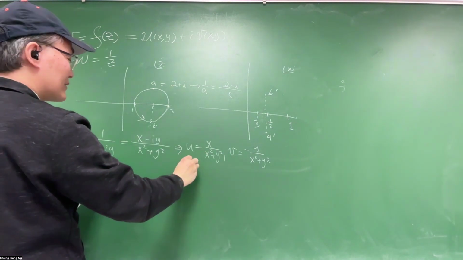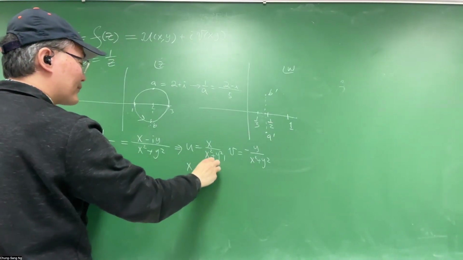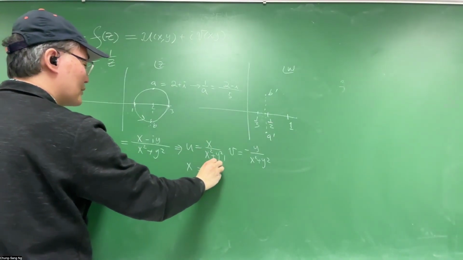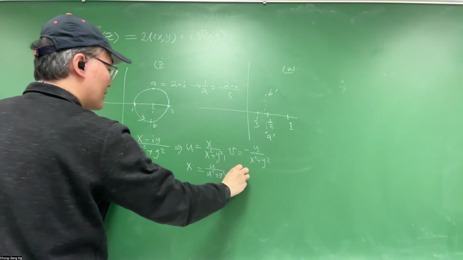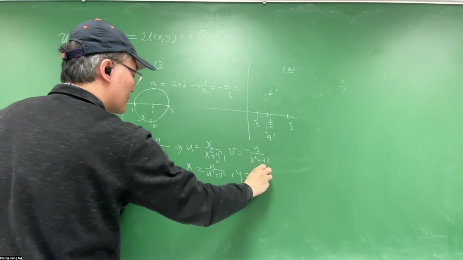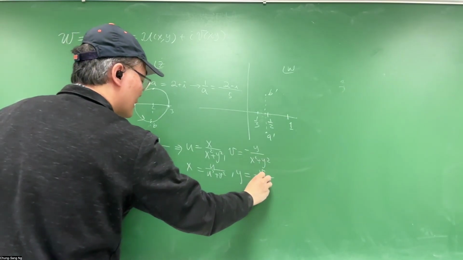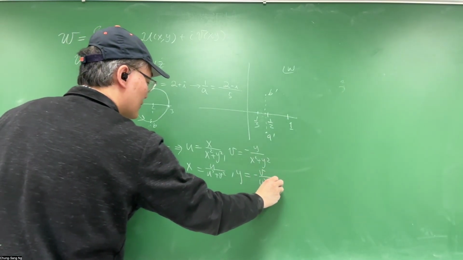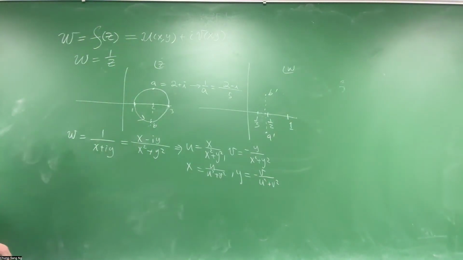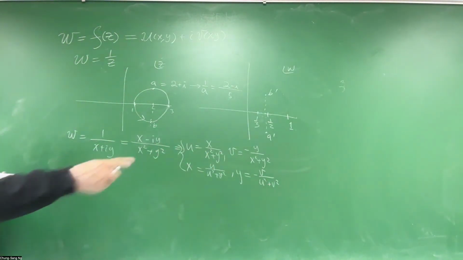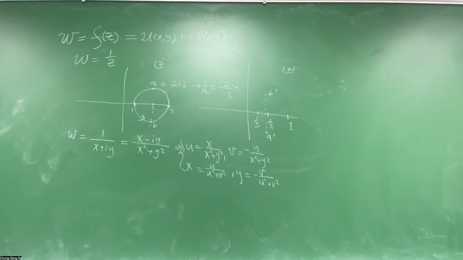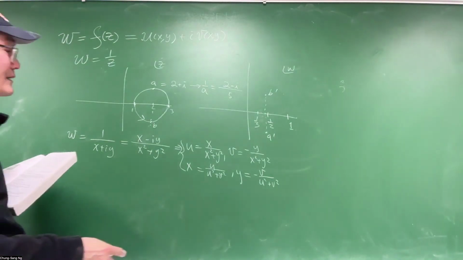So you solve: x would be u over u squared plus v squared, and y would be minus v over u squared plus v squared. This is the explicit transformation given by this relation.